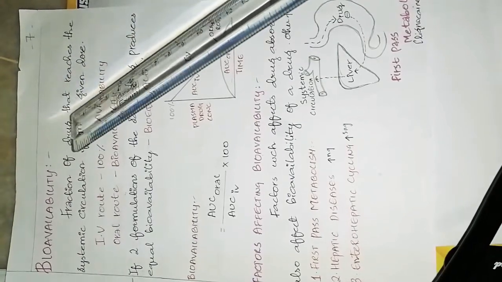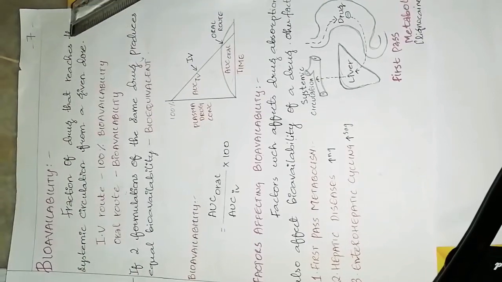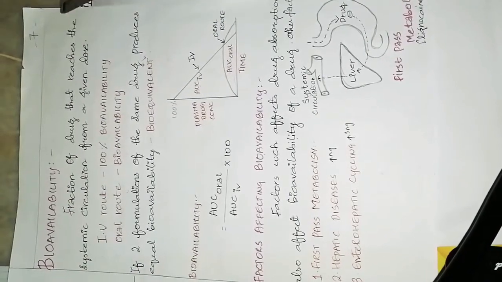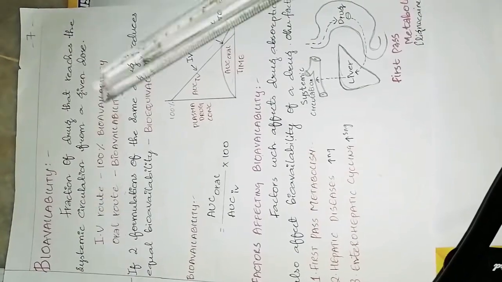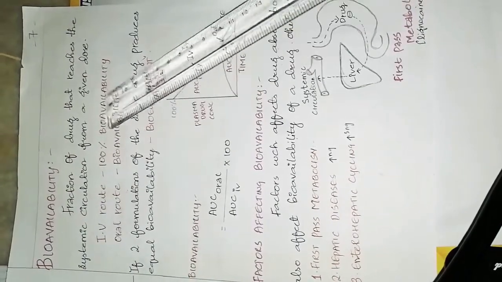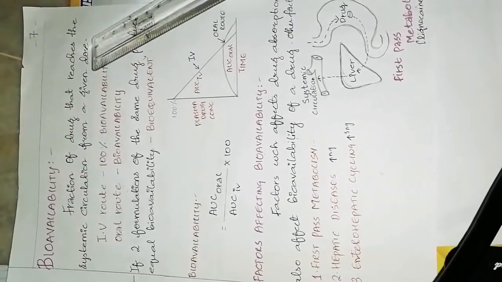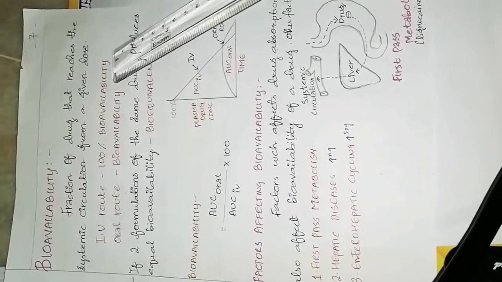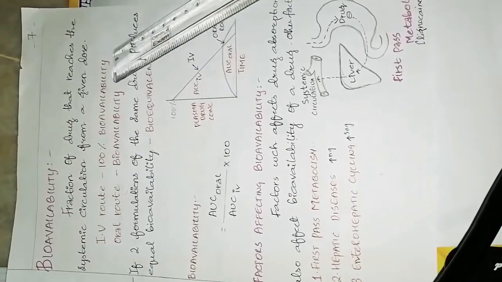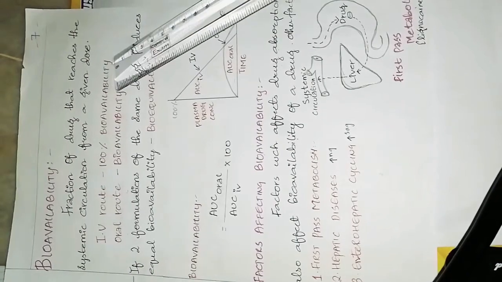It is very important, please listen carefully. The IV route shows 100% bioavailability because the drug given through the IV route enters the systemic circulation directly and bypasses first pass metabolism. Hence, it shows 100% bioavailability.